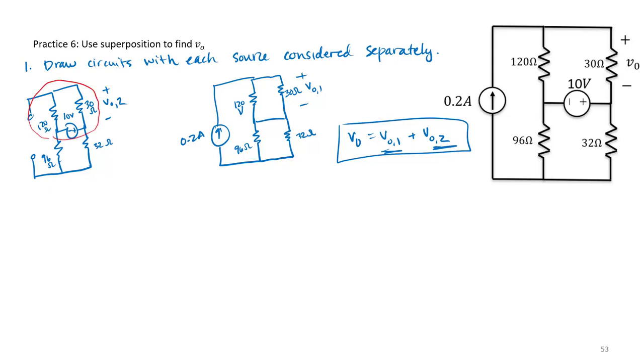Notice for circuit V02, we can consider this upper portion of our circuit by Kirchhoff's voltage law to be two resistors in series with that 10-volt source. By Kirchhoff's voltage law, we know that the 30 ohm resistor and the 120 ohm resistor must experience a voltage change of 10 volts. So I can actually consider that piece of my circuit all by itself.